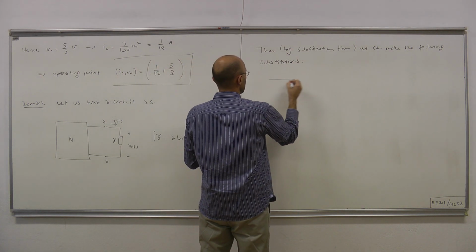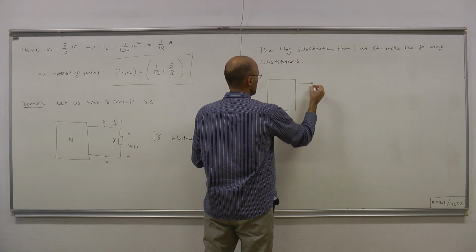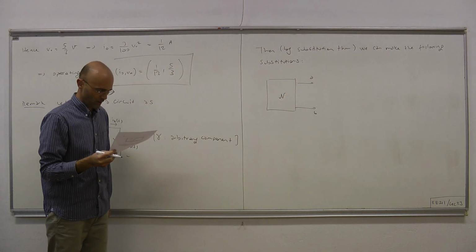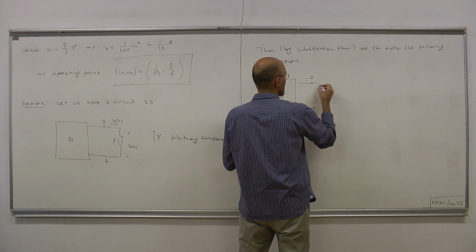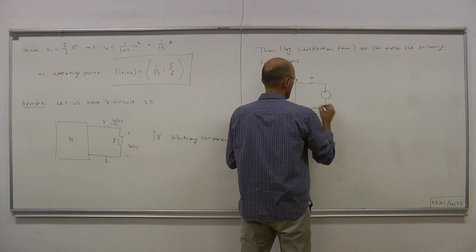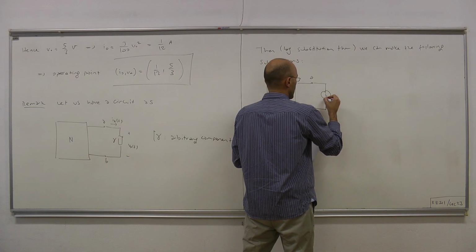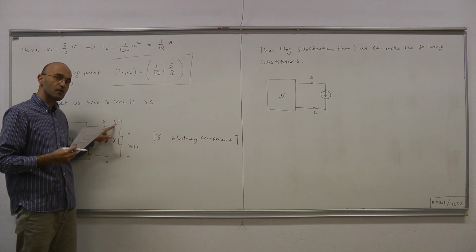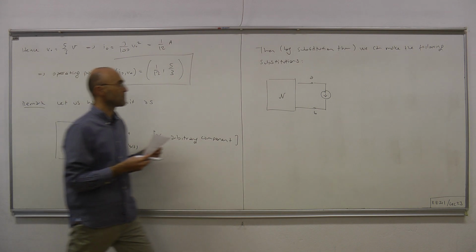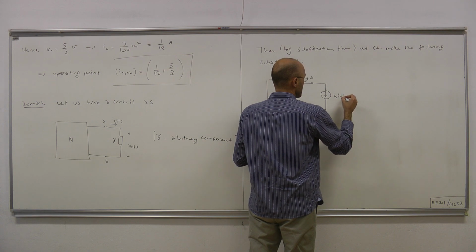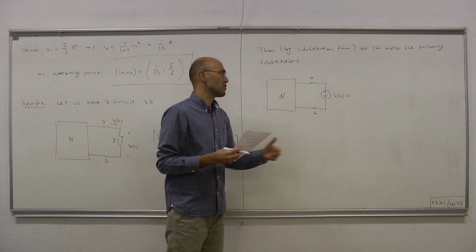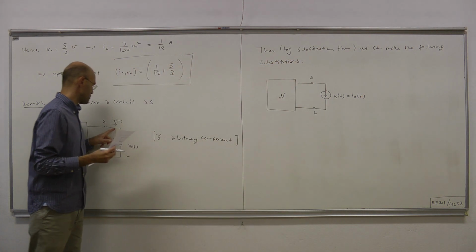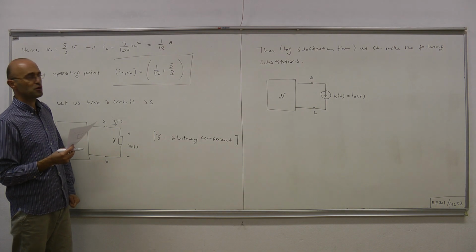We can either replace the component by a current source. The direction of the current source must be the same as the direction of the current used here, and the current of the current source must equal the current that's computed or measured in the first original case.